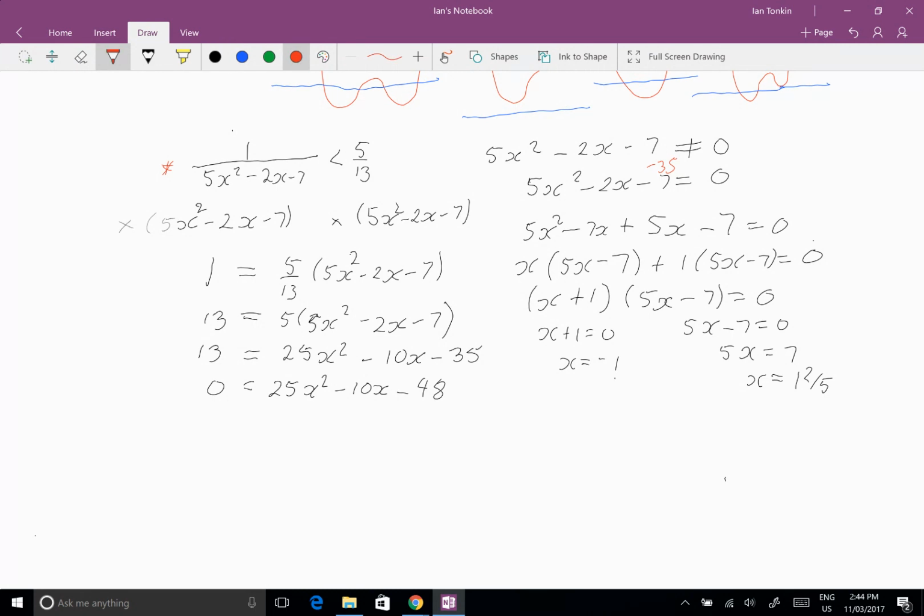And now to solve this, I want something that multiplies out to 25 times 48, and that's minus 1200. And I know that that will be 25x squared minus 40x plus 30x minus 48.